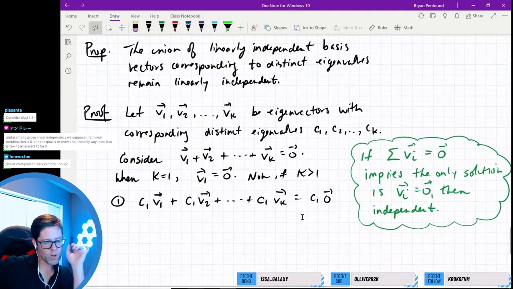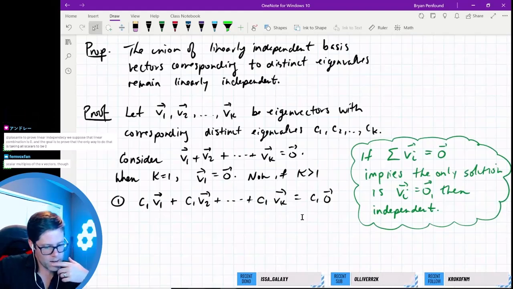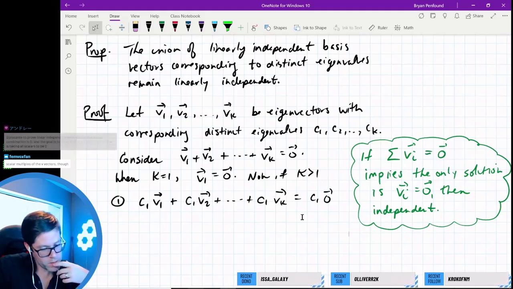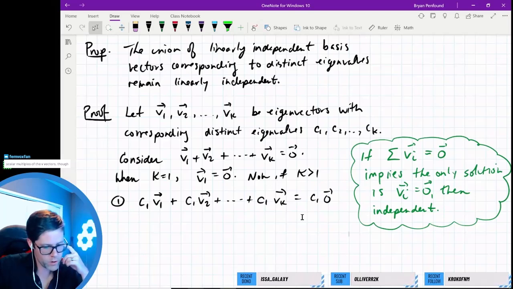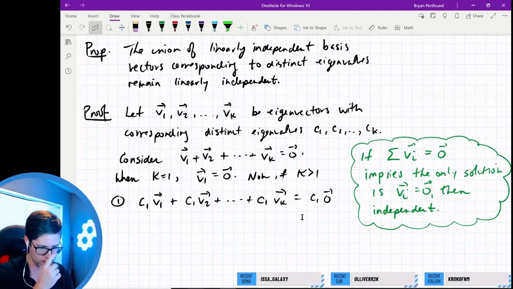From what I was reading, they're trying to use this, and it should be equivalent to linear independence using scalars, but instead of using scalars, we're going to look at the sum of the vectors, and what we need to do is force all of these vectors to be the 0 vector. So if I could show that the only solution is the 0 vector, then I know that these things are independent.